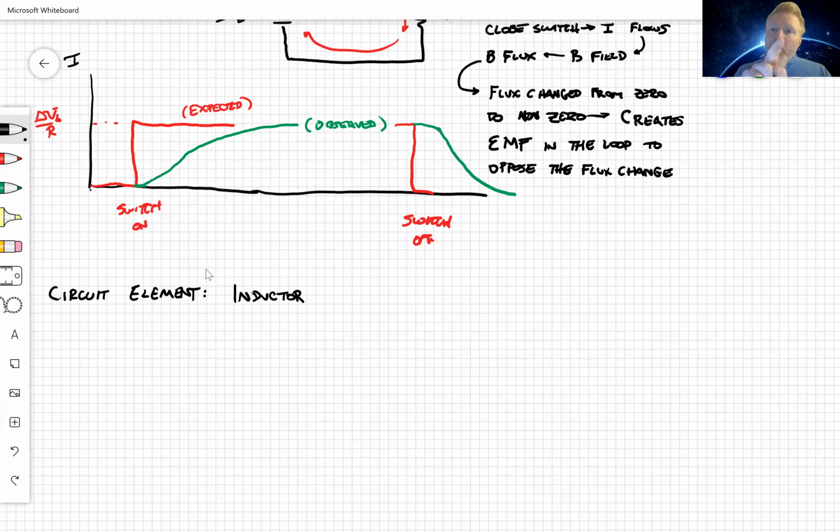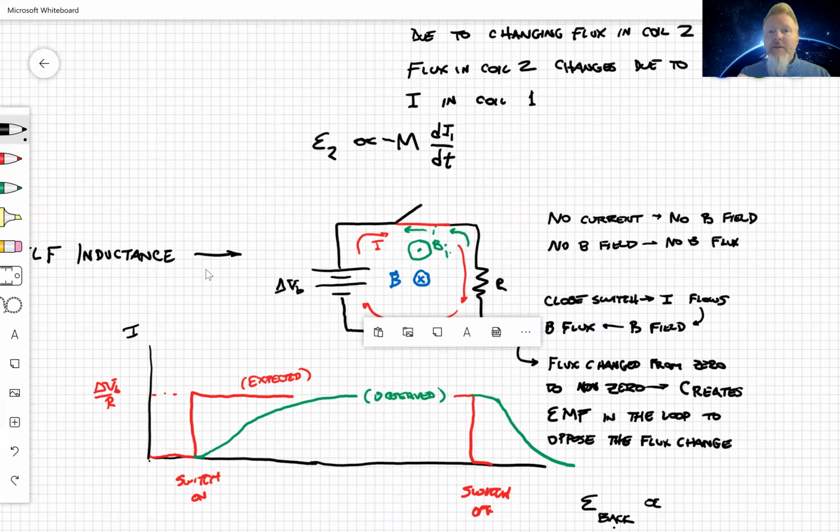Like with the mutual inductance, the voltage generated, the back EMF generated in the loop, which I called little i, the induced one, is proportional to the rate of change of the current.